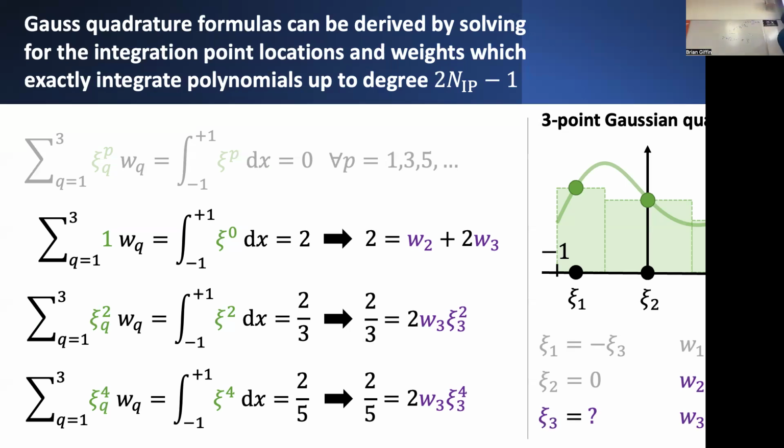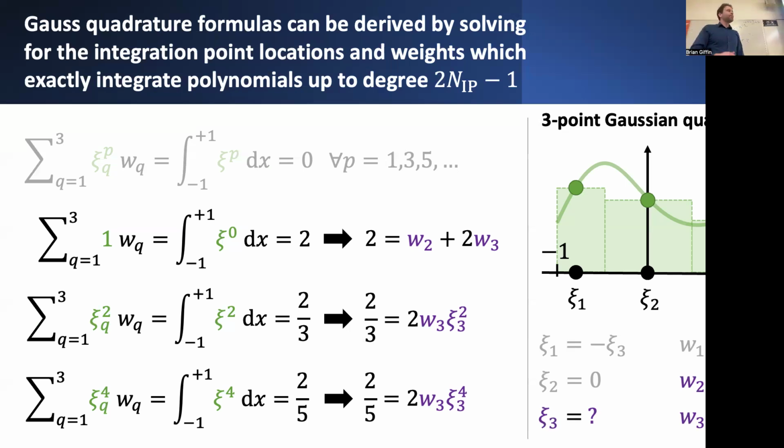So if I'm trying to integrate a constant function, that's equivalent to just saying integrate some function which is everywhere equal to 1, sum up all of those discrete evaluations of this function over the interval, which is proportional to just 1 times the individual weights at these different quadrature point locations, sum it up, and what I should get should be exactly this expression that I have here.